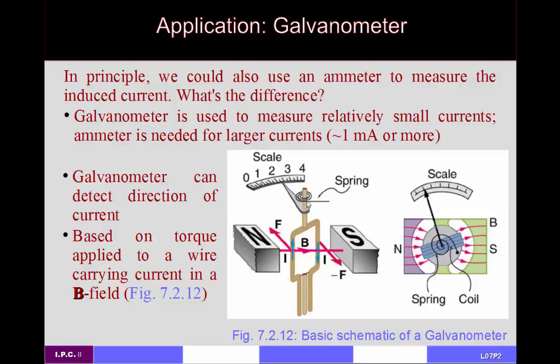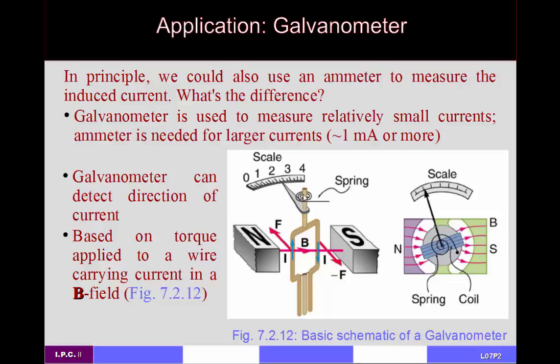There is in turn a spring, which is at equilibrium when there's zero current. So a torque in one direction basically compresses the spring. A torque in the other direction essentially stretches the spring. And so those two possible torques cause this loop to move one way or to move the other way until an equilibrium is met.